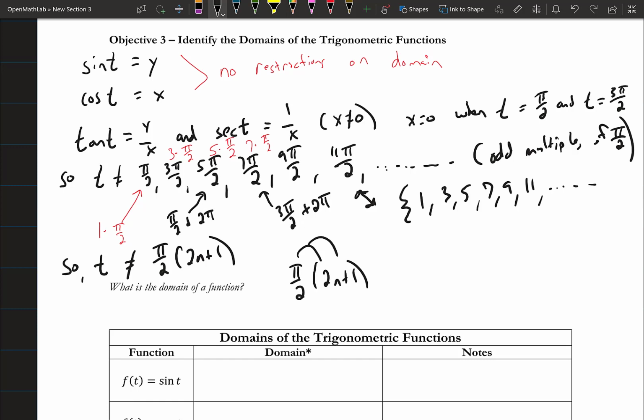That would be 2n times pi over 2 plus pi over 2, which is equal to, the 2's here would cancel, so we get n pi plus pi over 2. In other words, we can say that t cannot be equal to n pi plus pi over 2.